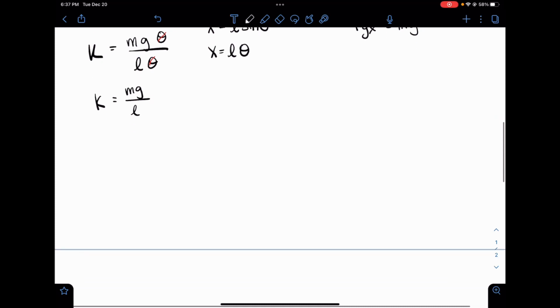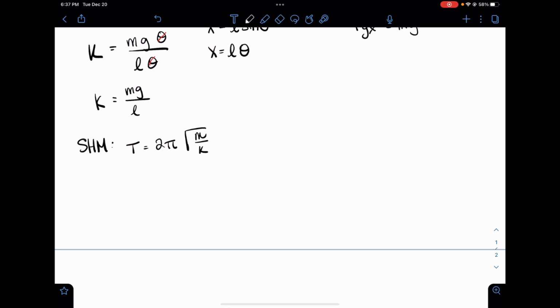From this point, we're going to use the simple harmonic motion equation, which we know is 2 pi times the square root of the mass over the constant. Again, you see this sort of thing when you're looking at a spring wobbling back and forth, m being the mass of whatever the bob is, k being the spring constant.